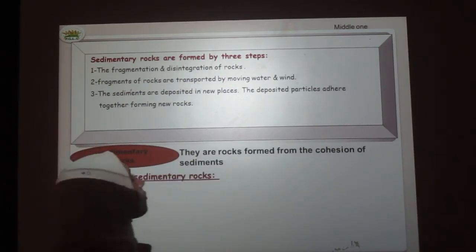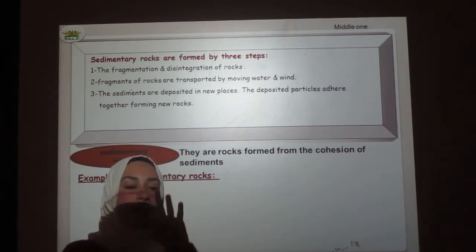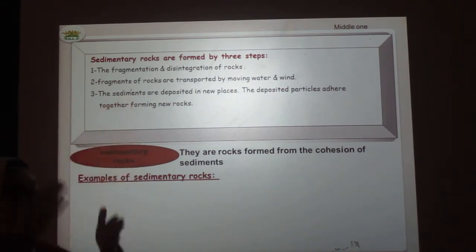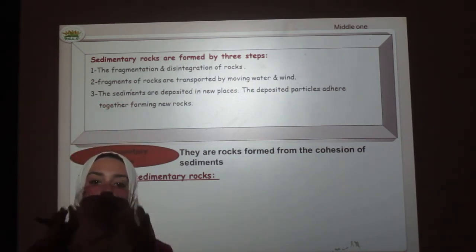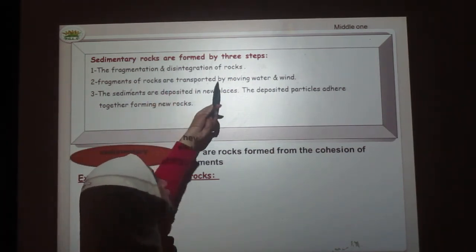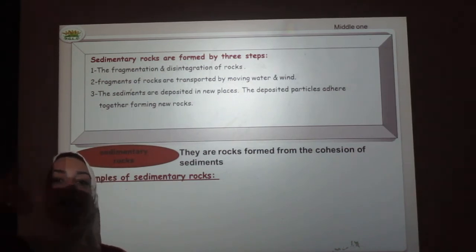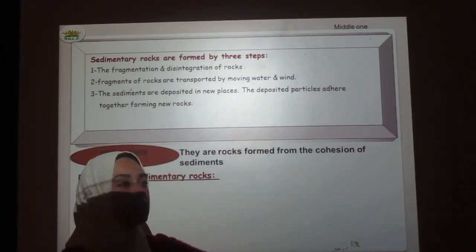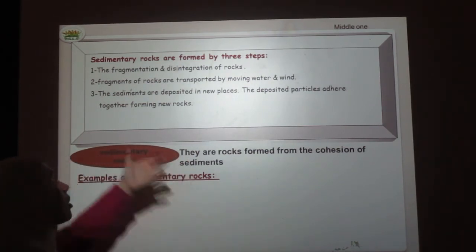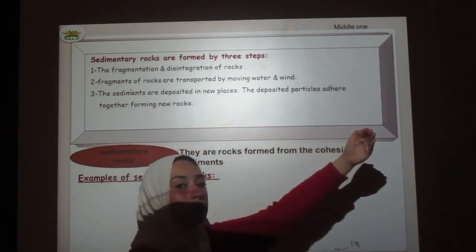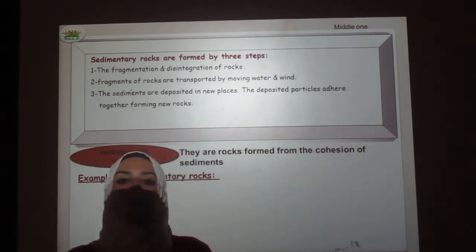Sedimentary rocks are formed by 3 steps. We have the 3 steps that form the sedimentary rocks. The first one, the fragmentation. Fragmentation means making it into small parts. The fragmentation or disintegration of rocks. We break the rocks. The fast water made a fragmentation of the big rocks. Number 2, fragments of rocks are transported by moving water and wind.